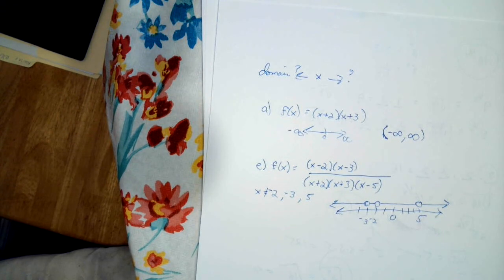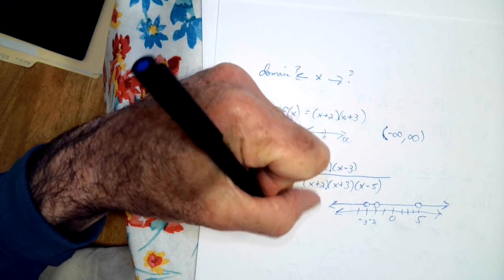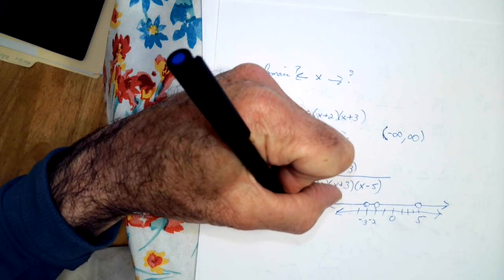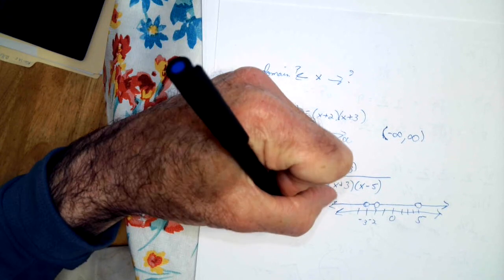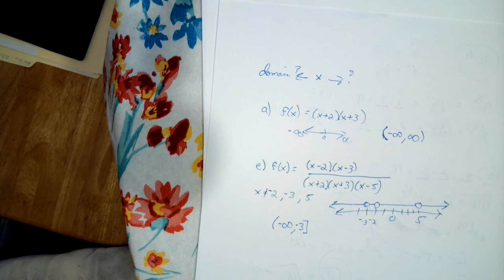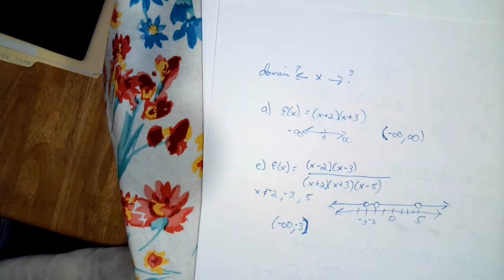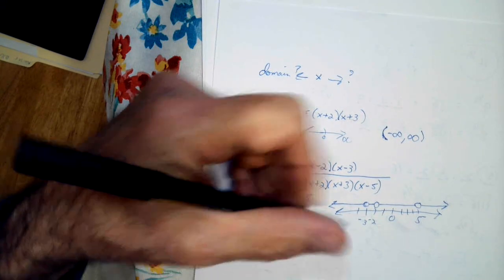So now I just write each part as interval notation. The first part goes from negative infinity to negative 3. But I don't want to include negative 3. Sorry, it's a curve. Everything up to negative 3, but not negative 3. That's why I use a curve.